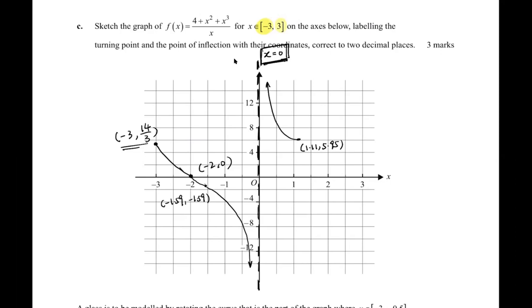Something like that. And f of 3 is 40 on 3, a bit above 12. This should be an accurate enough sketch.